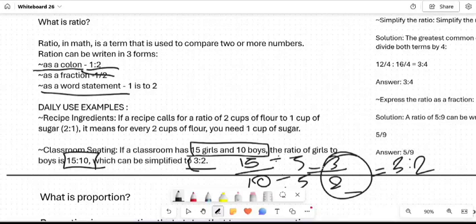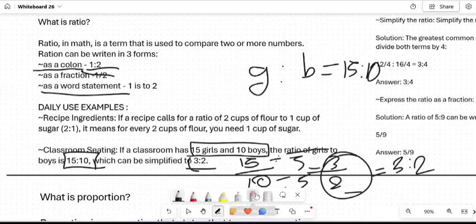Okay, they're asking the ratio of girls. First they're talking about the girls, then boys. So girls is to boys equals 15 is to 10. Okay, it's simple.